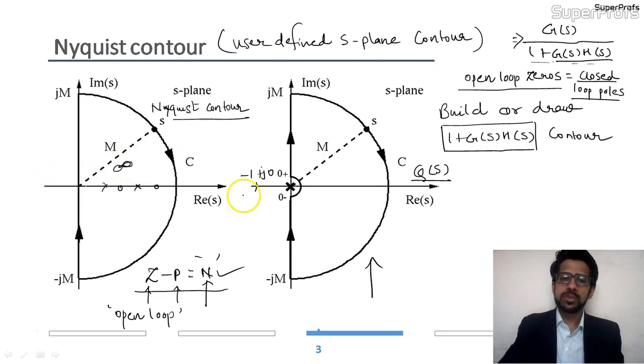If my open loop zeros, that means Z, are not lying on the right hand side of S-plane, that means I'll be getting no enclosure for my open loop zeros for Nyquist contour, which is on the right hand side of S-plane. That means for my system to be stable, the value of Z should be 0. Right? That is exactly what Nyquist told.